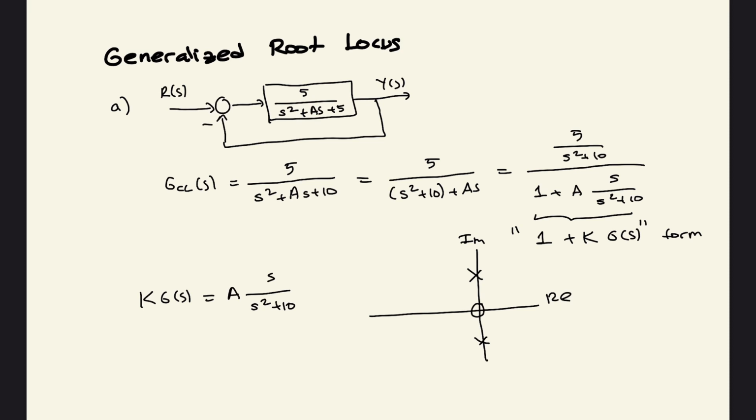Well, in this case, you have to find the closed-loop system. And for this block diagram, this is your closed-loop system. Now you need to arrange the denominator in a particular way.